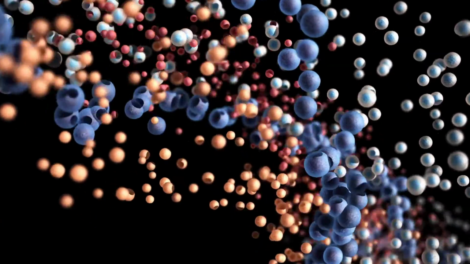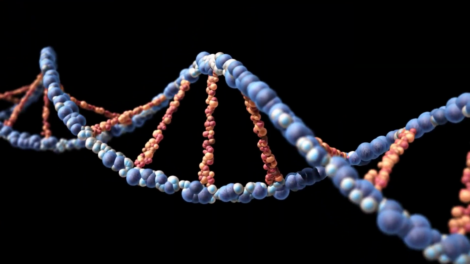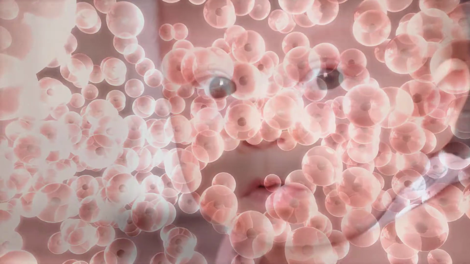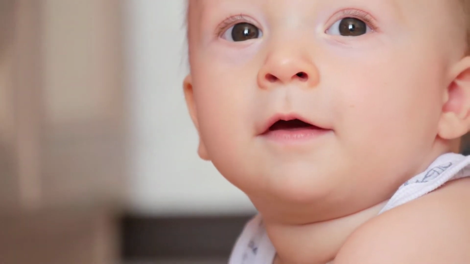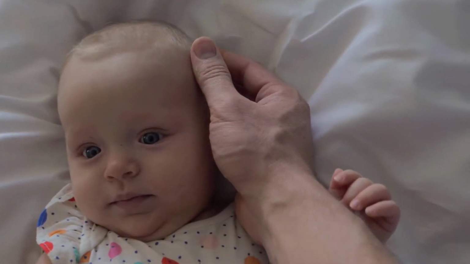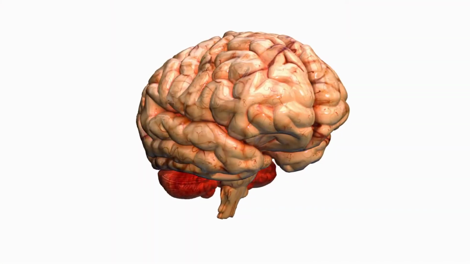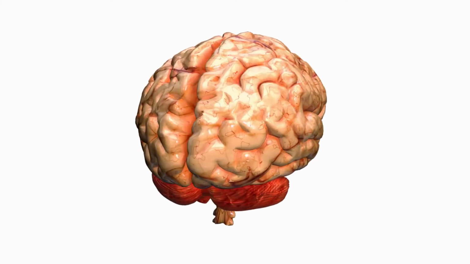Next, we'll explore somatic cell mutations in development. These are mutations that occur in somatic cells. The mutations occur relatively early in an individual's life and can affect the development of specific tissues and organs in the body. For example, hemimegalencephaly is a disease in which part of the brain grows larger than normal.